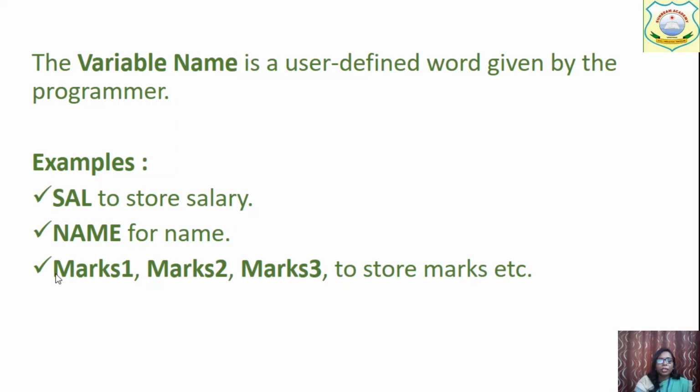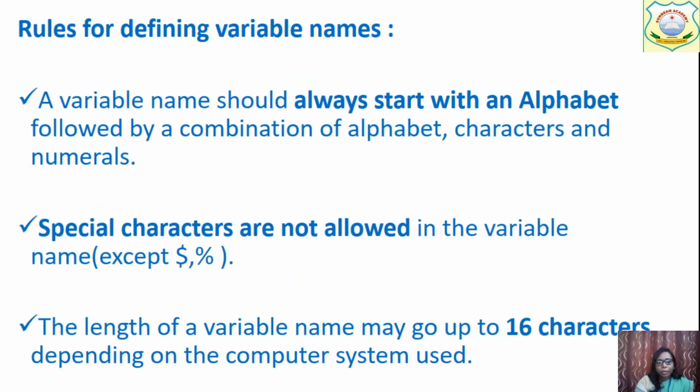See, we cannot write 1marks. We can write marks1 because the rule is the variable name should always start with an alphabet. Okay, and after that it is followed by a combination of alphabets, characters and numerals. Now, special characters are not allowed in a variable name.